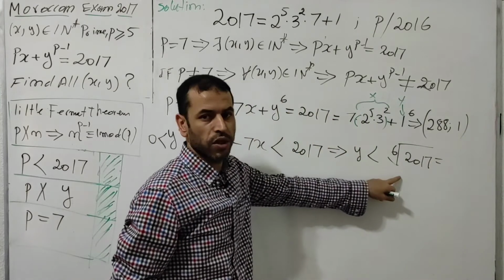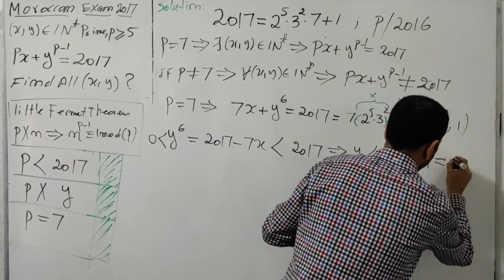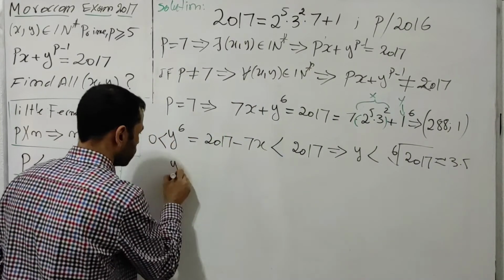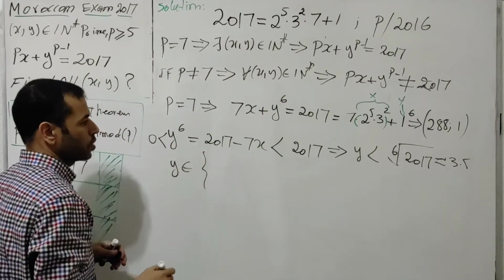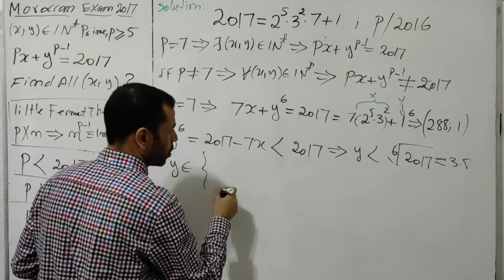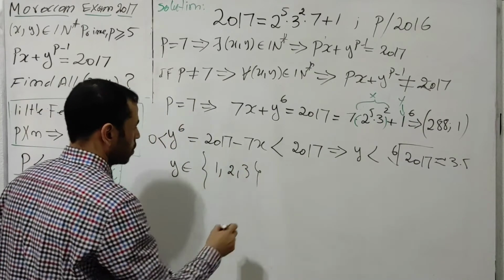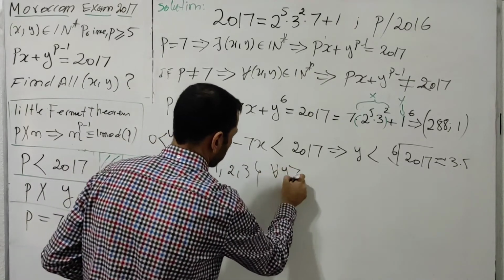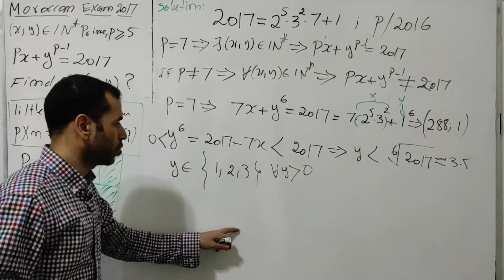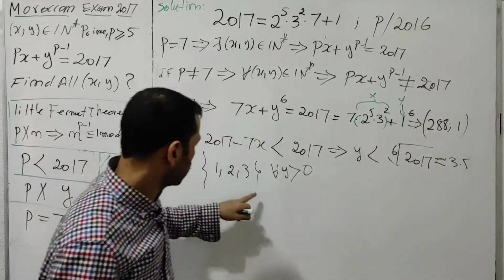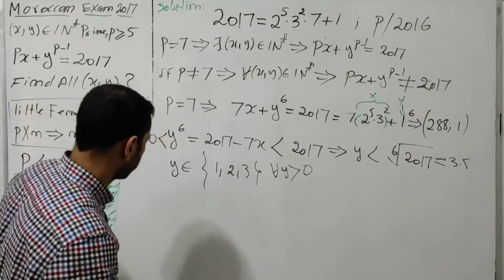If you calculate this, you will find almost 3.15. Since y is an integer, y will take the following numbers: 1, 2 and 3, for all y strictly greater than 0. We already found y equal to 1, which is the first solution. Let's check the second and third solutions.